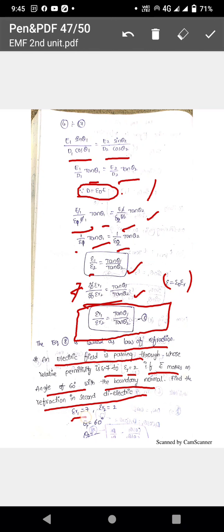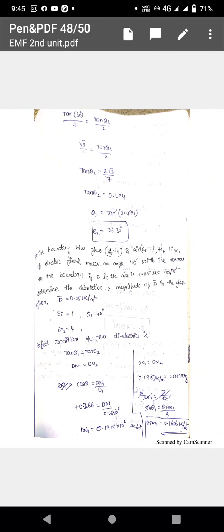Epsilon r1 is 7, epsilon r2 is 2, theta 1 is 60 degrees, theta 2 we have to calculate by using this formula. Substituting tan theta 1 by 7 and tan theta 2 by epsilon r2, finally we will get theta 2 as 26.32 degrees.